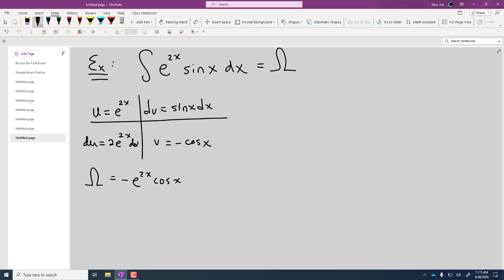So uv minus the integral of v du. So v du is going to be a negative, so that's going to make this positive. And we're going to get 2e to the 2x cosine x.